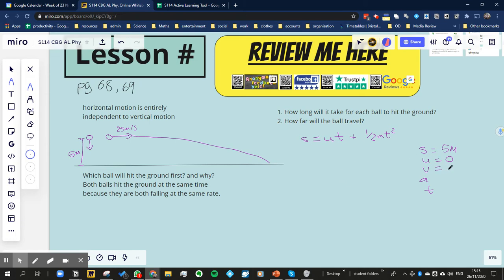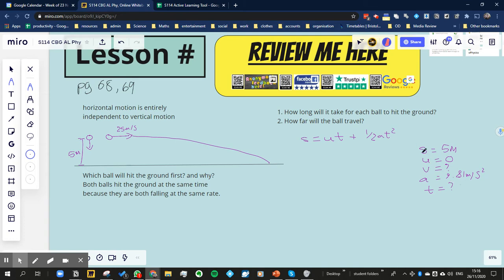The final velocity, I don't know, and the question doesn't ask me to find it either. The acceleration I know is going to be 9.81, because that is the acceleration due to gravity. And the time I also don't know.